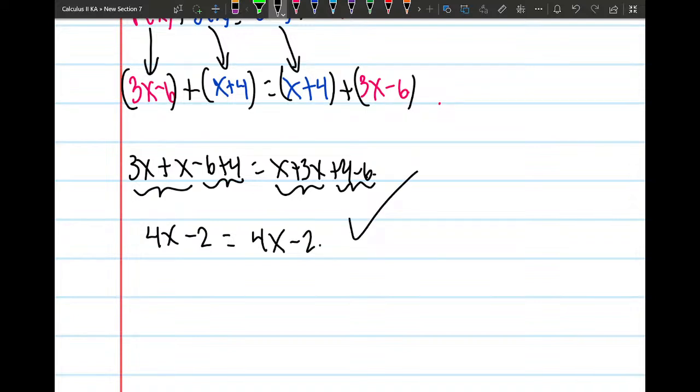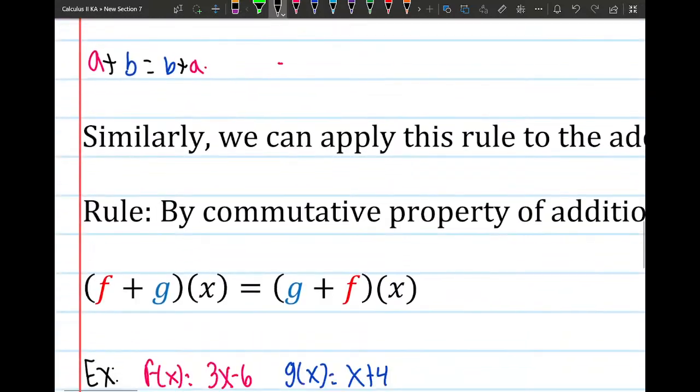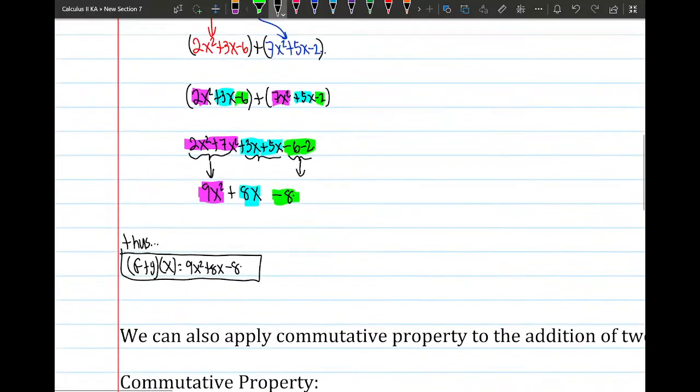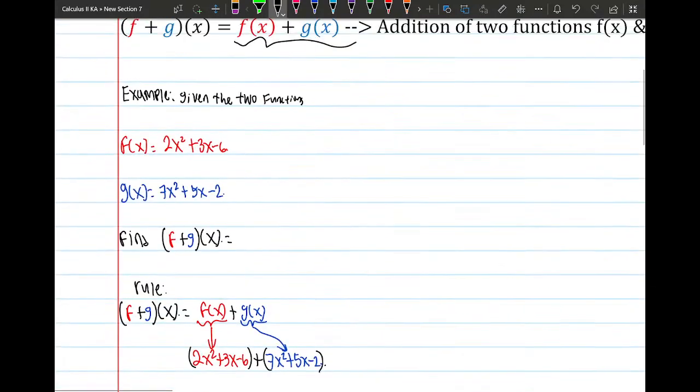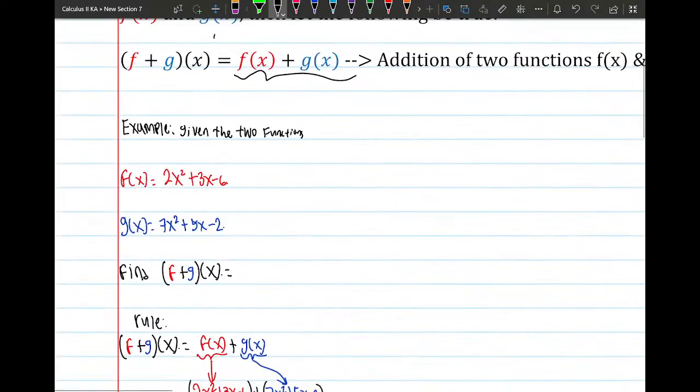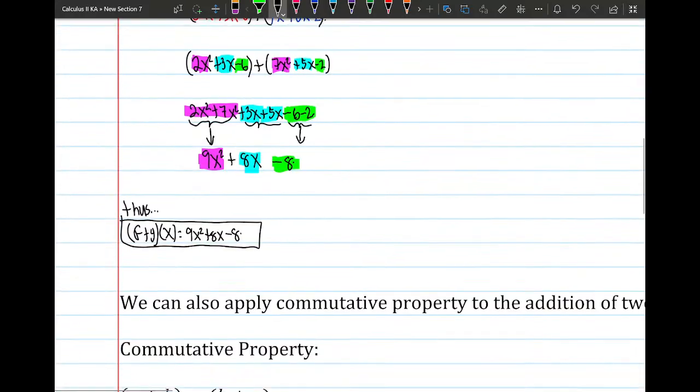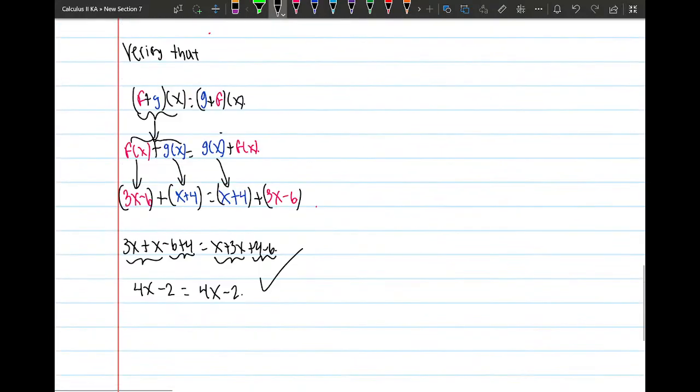So we have proven that it works this way. Okay, guys? So I just wanted to make that very clear. That's how we know that commutative property plays a huge role in addition between two functions.